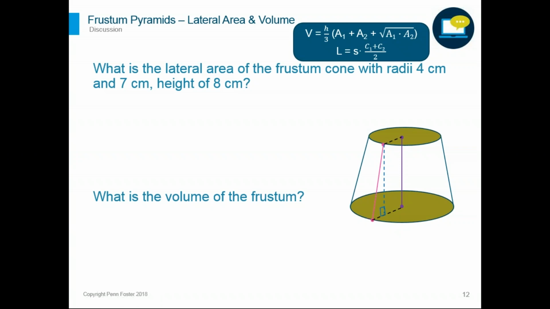So the radii, we know a frustum cone will have two bases. The smaller radius would go with the top base because that's the smaller base. So that is 4 centimeters. And then the larger radius would be for the larger base, that is 7 centimeters. Now also we're given the height. The height is 8 centimeters.